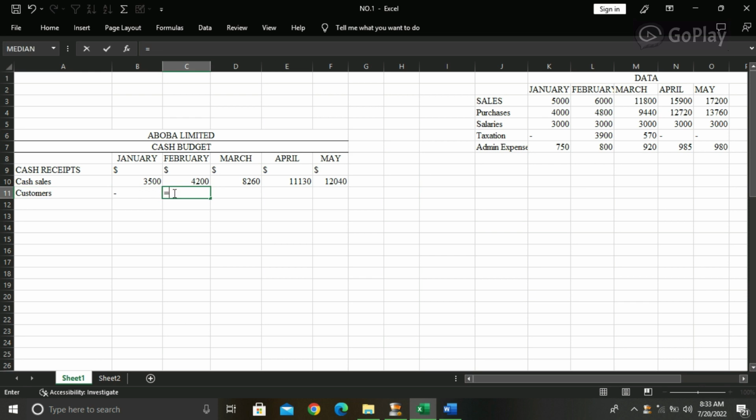So we move to February, where 30% of January sales will be collected. Yes, so 30% of that sale is 1,500.